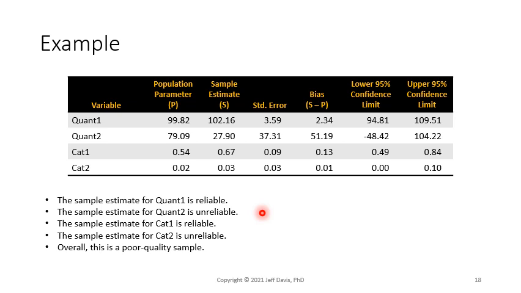Anyway, it's a poor quality sample that we have here. We might try a different method of sampling, and certainly a different random sampling method, I should emphasize. We don't want to go to non-random sampling because that's just going to make the problem worse.